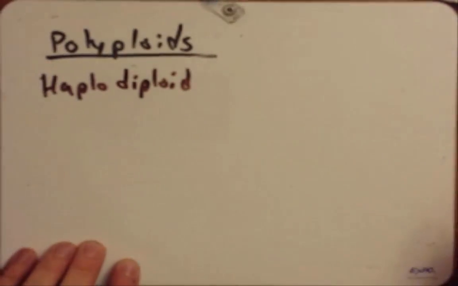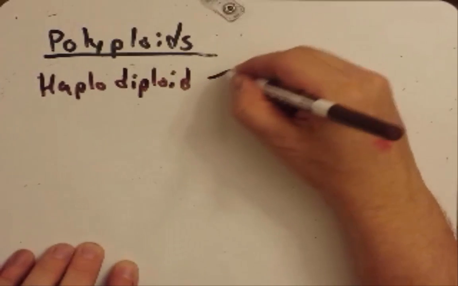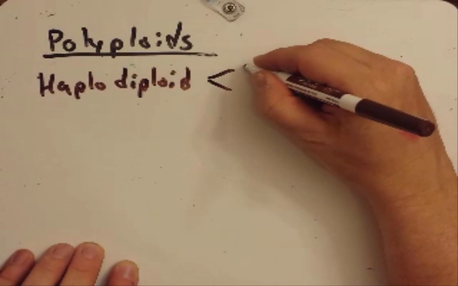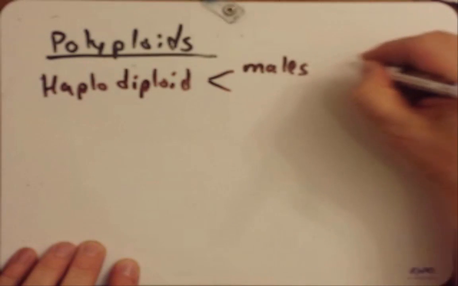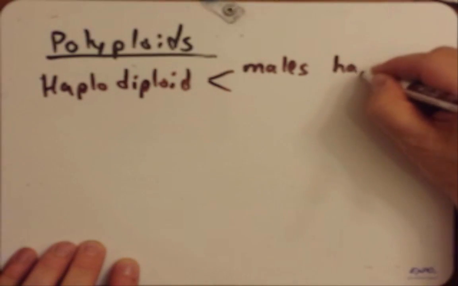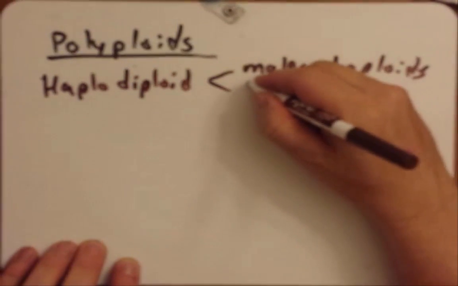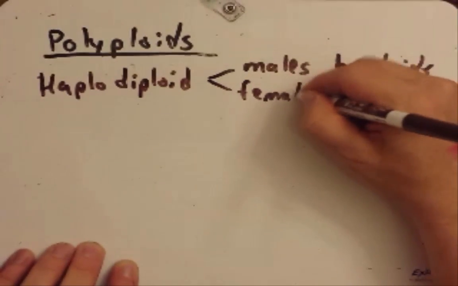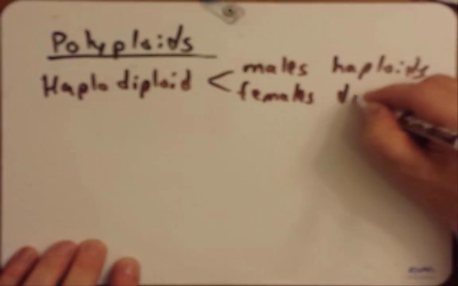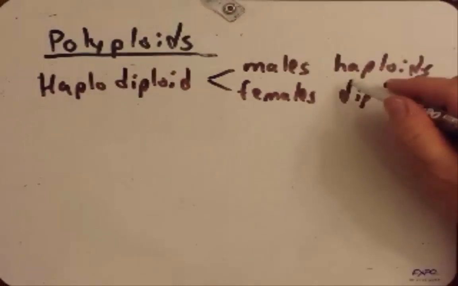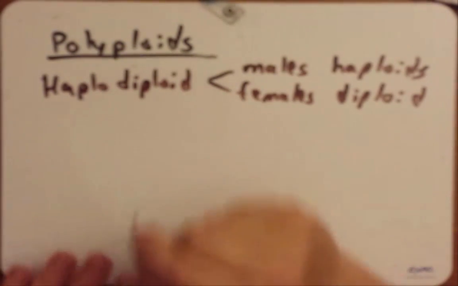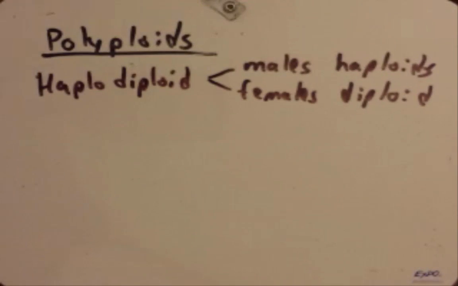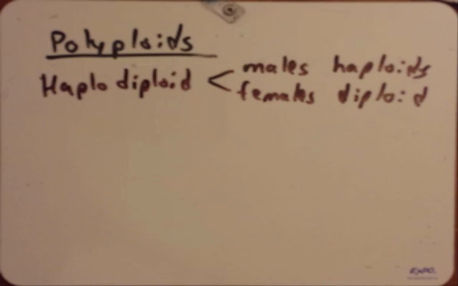So not a 3N or 4N, but in this it's a special case where one gender, and it's usually the males, it doesn't have to be, but it usually is, the males are haploids, and the females are diploid. It could be vice versa, but usually it is the male that's haploid. This is very common in ants, bees, wasps, where the males are haploids and the females are diploid.